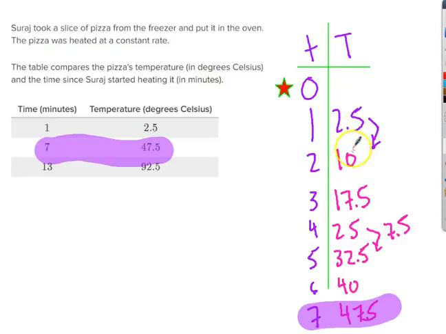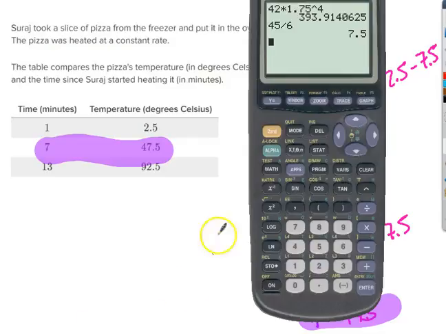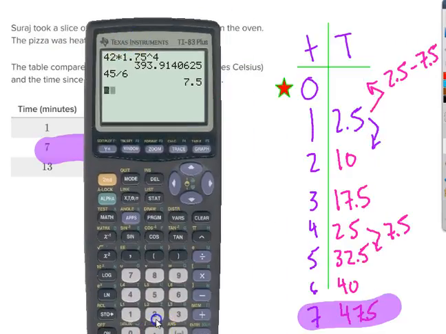The slope tells me how fast this increases every time the other side increases by 1. So to get where it started, I need to work backwards 1. 2.5 minus 7.5 is, of course, -5.